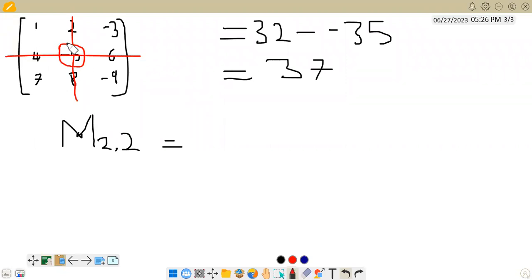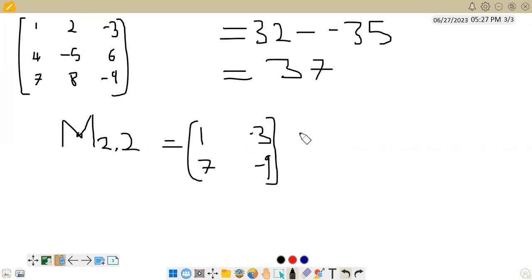Ndoti apa we remain with 1, -3, 7, and -9. So tilemba apa ndeti titsala ndi 1, -3, and 7, then -9. Yeah, so chimodzimodzi tipezaso madeterminants, tipezaso determinant ya matrix imeneyi.